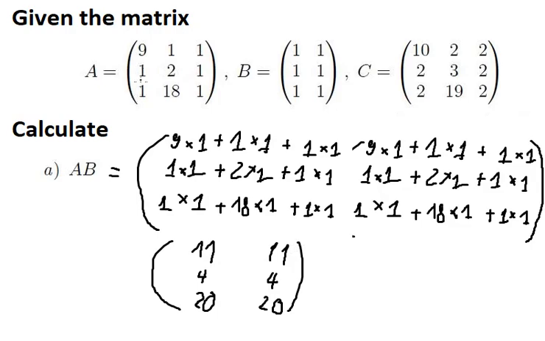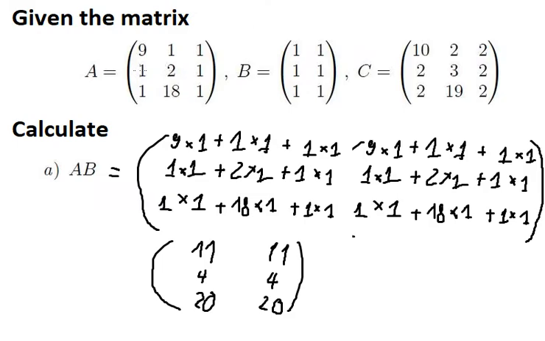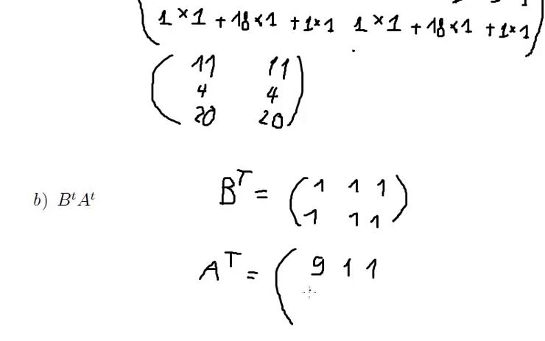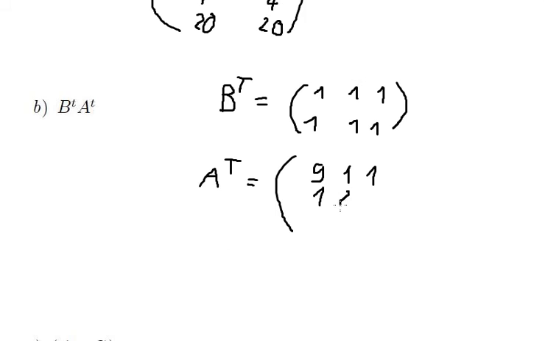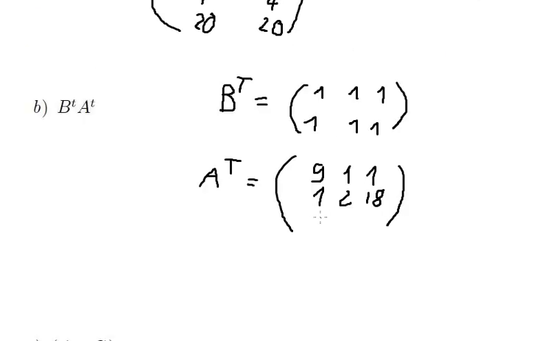So 9 1 1, now we write 9 1 1 in here. Now 1 2 A, we write about 1 2 A. 1 2 18. And 1 1 1, we write like this.